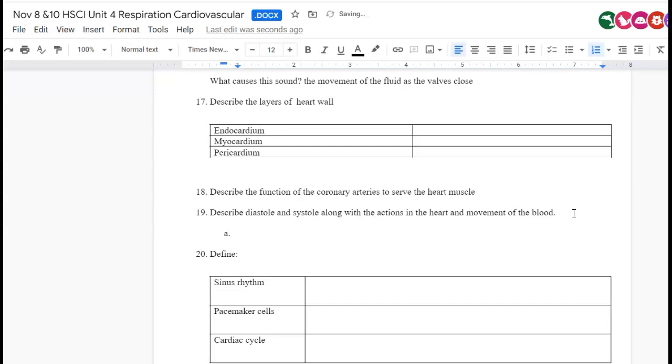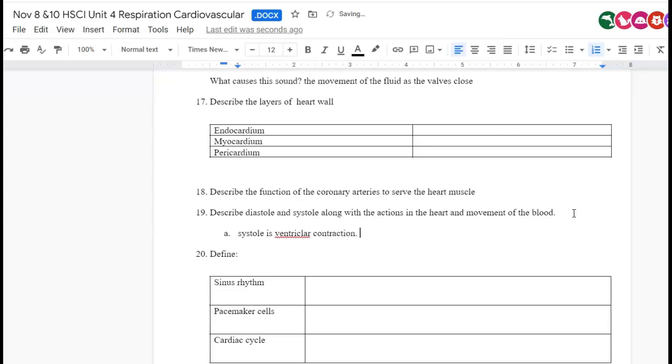So, systole is contraction, but unless we say atrial contraction, we always mean ventricle, because really the atria are very thin and they only push the blood a little ways. The ventricles are the thicker parts that will pump the blood to the larger part of the body. So systole is ventricle contraction.